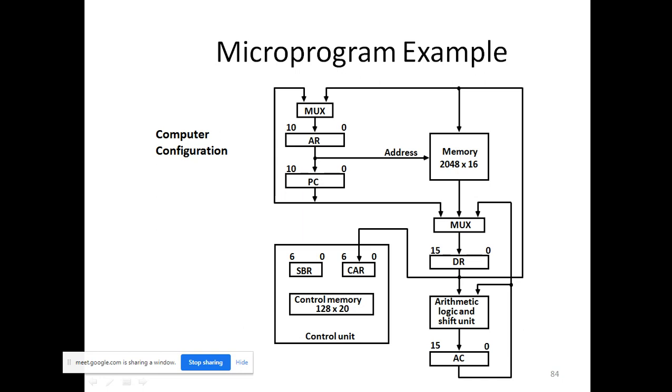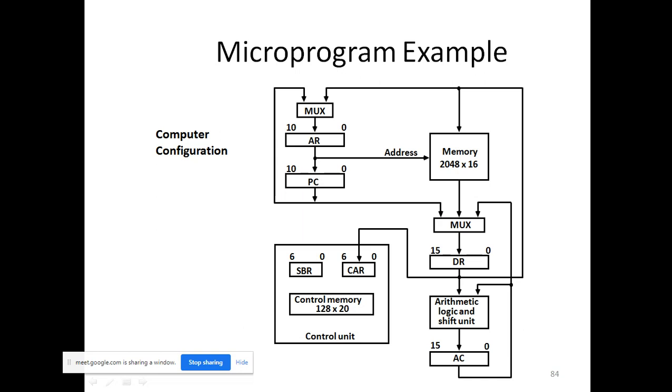Some addresses are stored in the address register. PC contains the address of the next instruction. DR holds data in the data register. The accumulator is for storing the result, and also for storing the first operand.